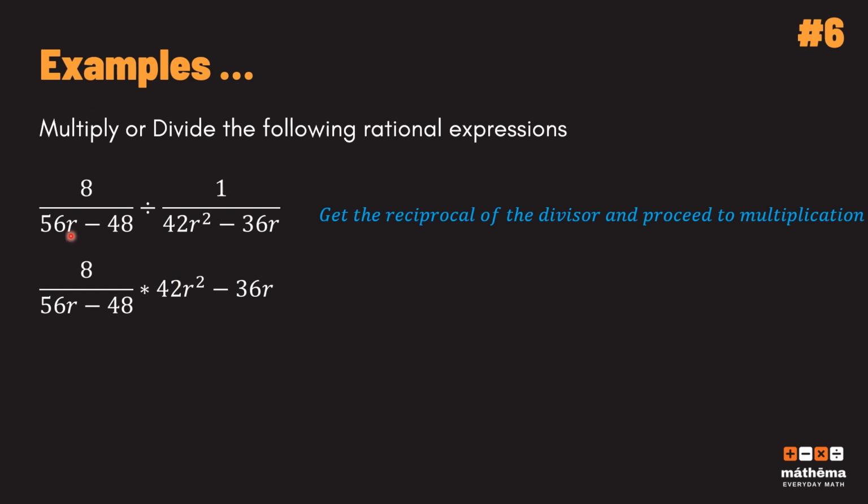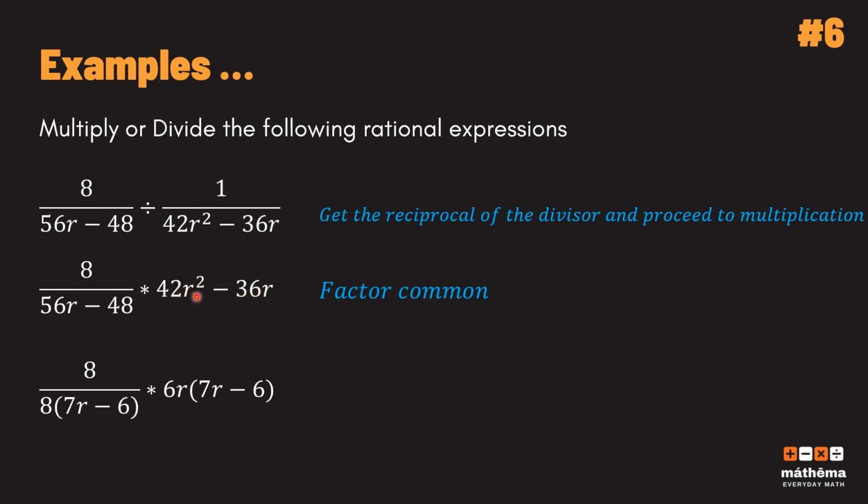And again, we are going to make use of the cancellation method. So we're going to factor out common terms from both numerator and denominator. So 56r minus 48 can be rewritten as 8 times 7r minus 6, and the same is true with our 42r squared minus 36r.